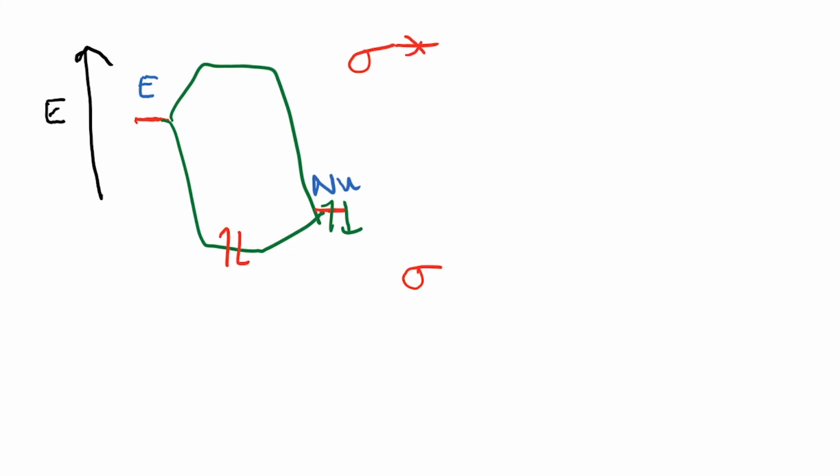Okay, so if I look at this picture, I see that there's clearly some stabilization that is being afforded, because if I compare these two energy levels, the sigma molecular orbital is actually lower in energy, but this gap is quite small.